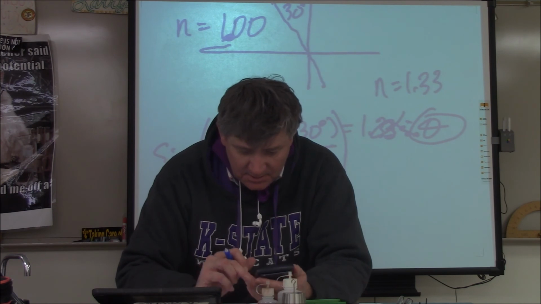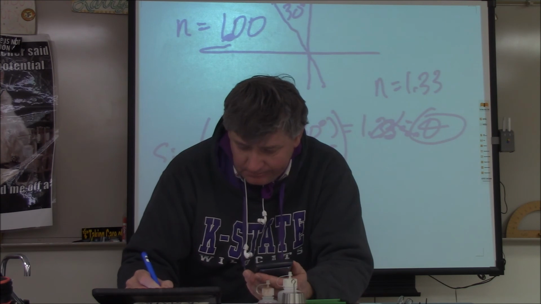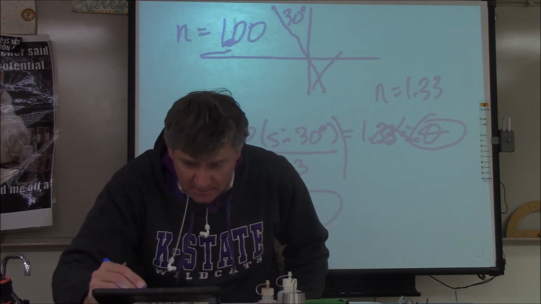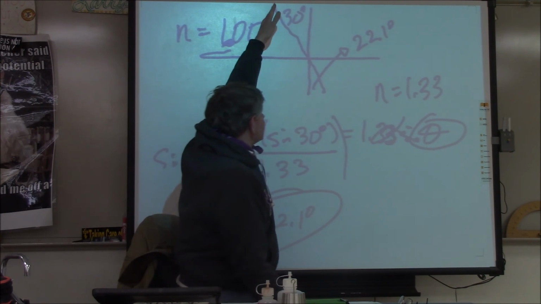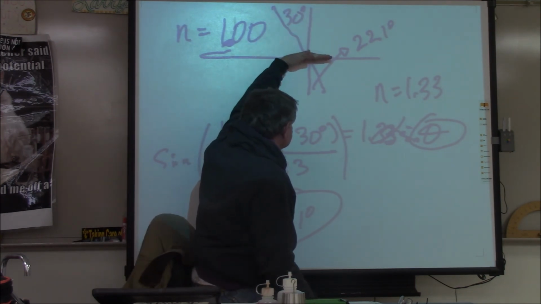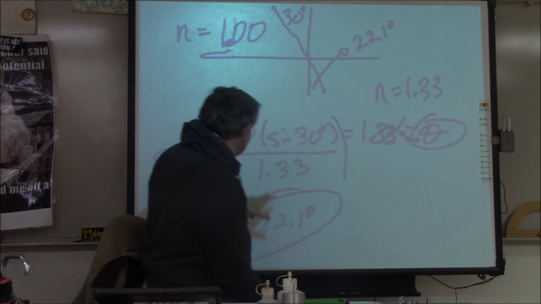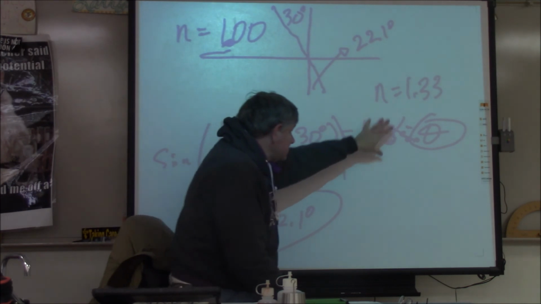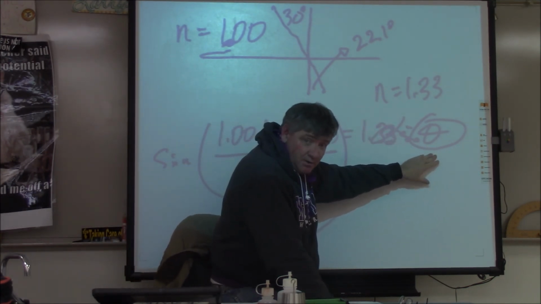So I get 22.1 degrees. What this means is that this angle in here should be about 22.1 degrees. So it came in here at 30, boom, it got slowed down, we bent it closer to normal. Because there's an equality sign, this has a bigger value of n, which means the sine of this has to be a smaller value.